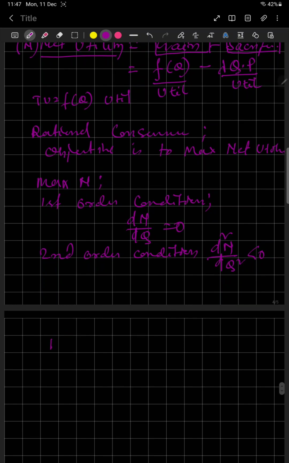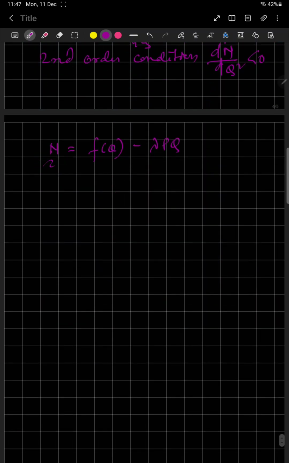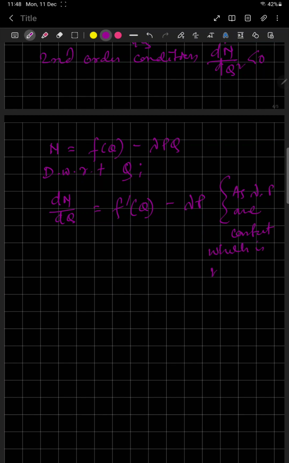Here we get N is equal to f of q minus lambda pq. If we take the derivative with respect to q on both sides, I will get dN by dq is equal to f dash q minus lambda p, as lambda and p are constant, which is mentioned in the assumption.